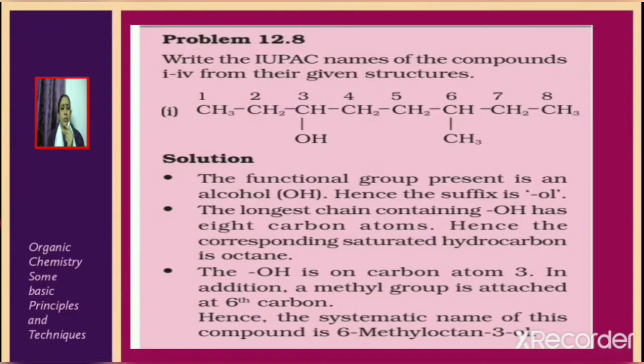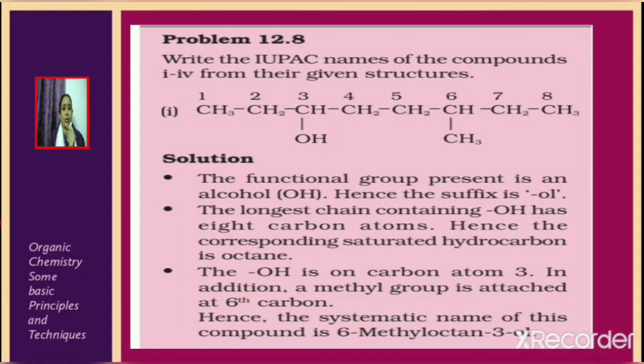Let us now try to write the IUPAC names of the compounds. Consider the first compound given: CH3CH2CHOHCH2CH2CH(CH3)CH2CH3. The functional group present is OH, therefore the compound should be named as an alcohol. A methyl group is attached to the 6th carbon.